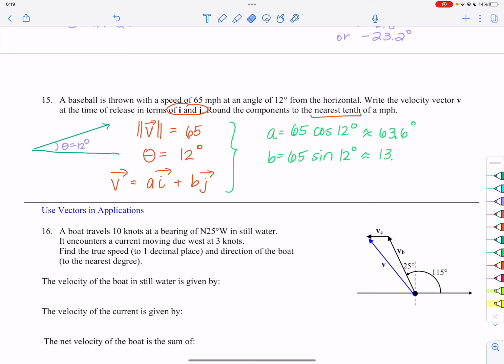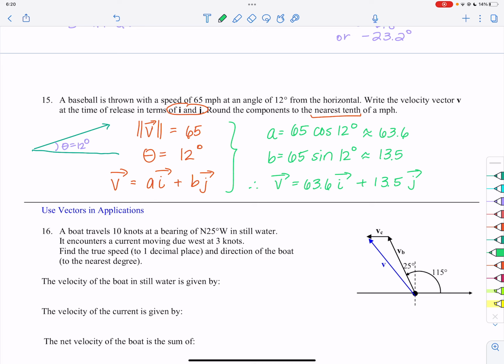Whoops, this was not supposed to be degrees, 63.6. It is a scalar. So therefore, vector v is equal to 63.6 i plus 13.5 j.